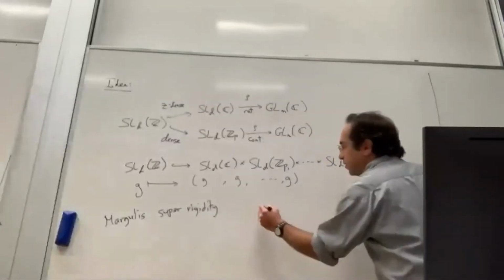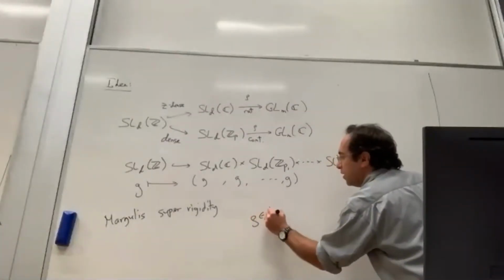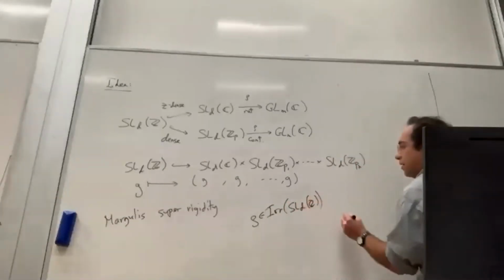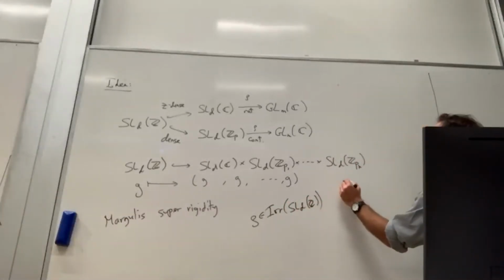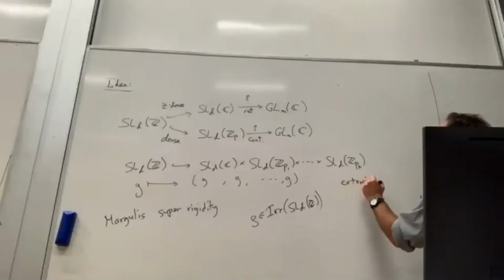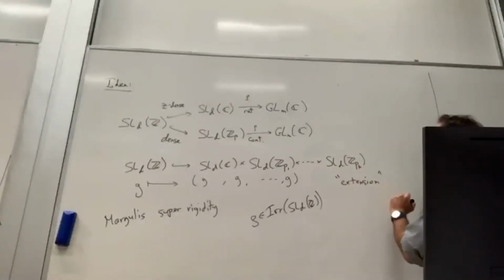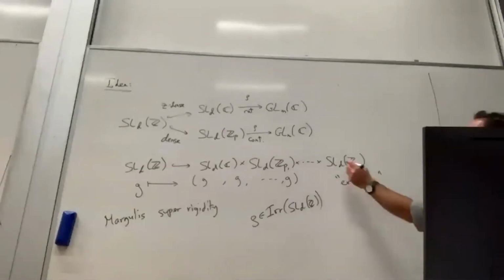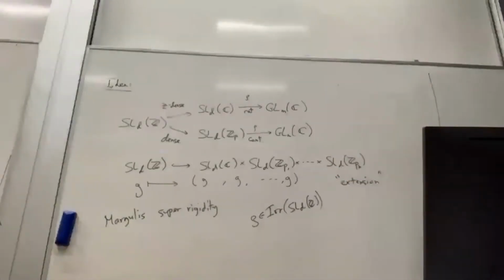So either your representation rho of SL_d(Z) is an extension, I write it like this because it's not really an extension, it's on a finite index subgroup, but that's okay. The finite index subgroup part is taken by the other primes. Extension to SL_d(C).